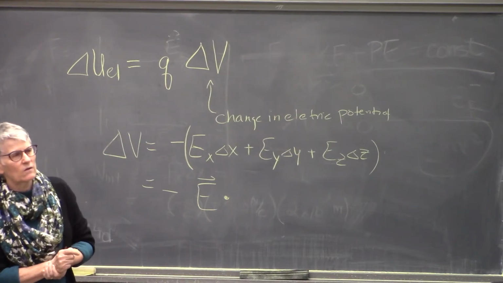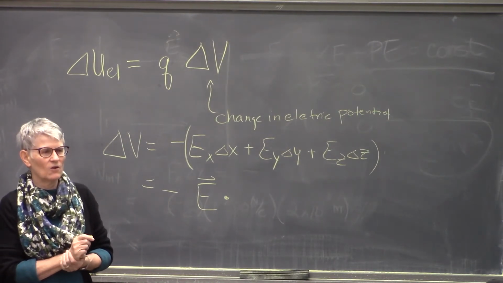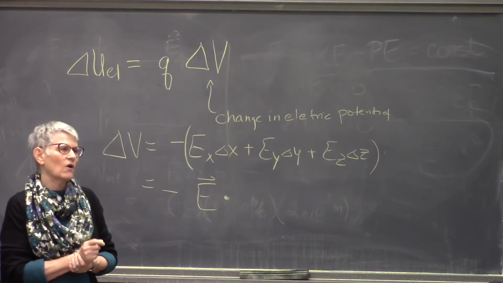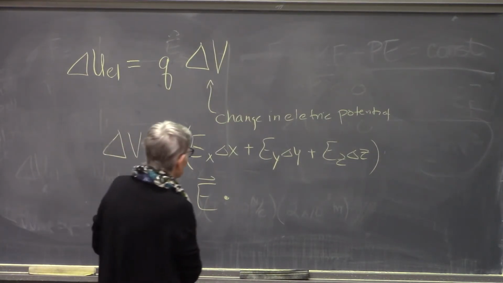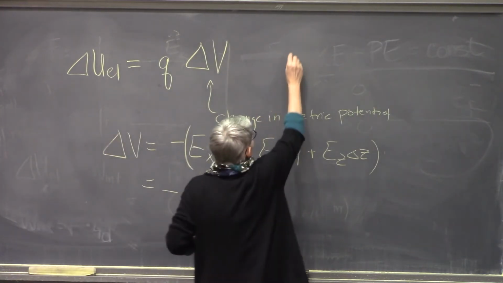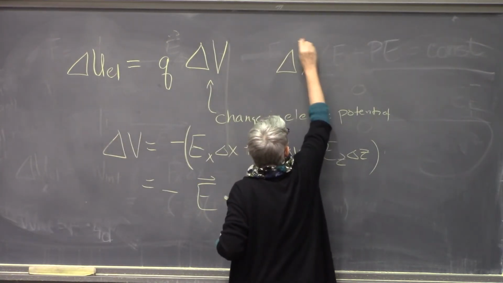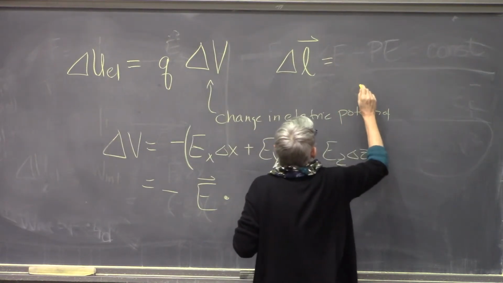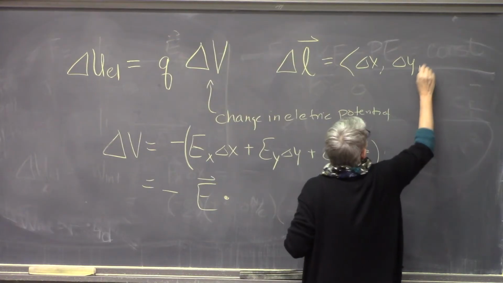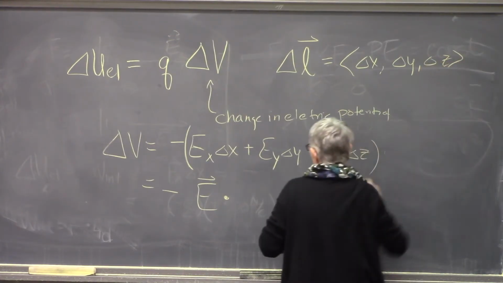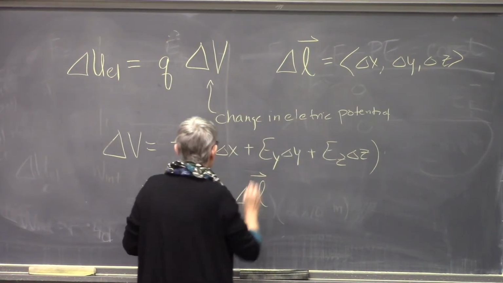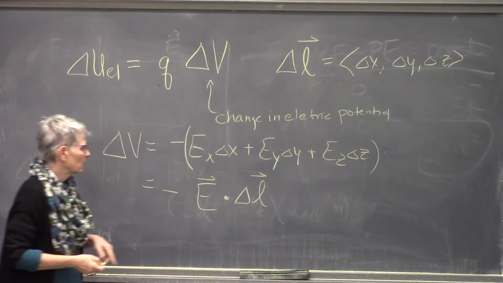And because there are so many R's in our lives when we're talking about electric fields, we tend not to use R for this. What we tend to use is the displacement called delta small l, and that's delta x, delta y, delta z, and so this is going to be the negative dot product.